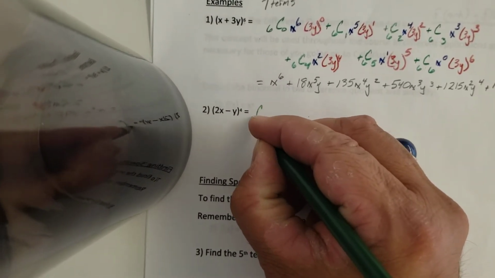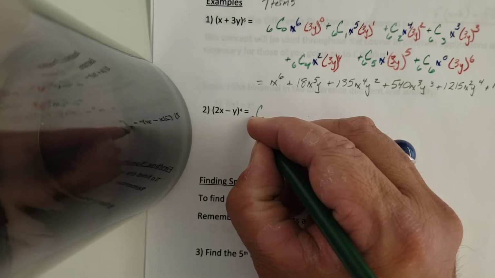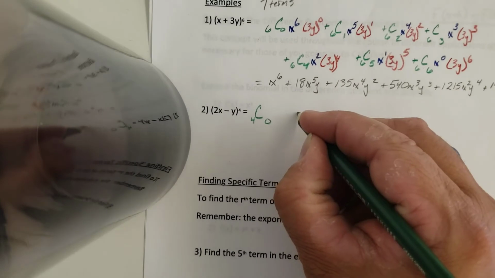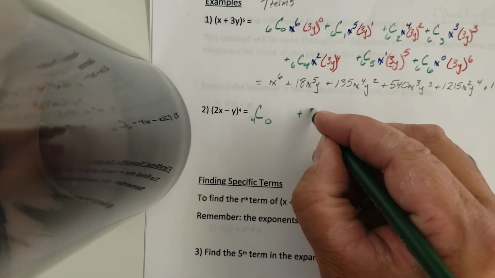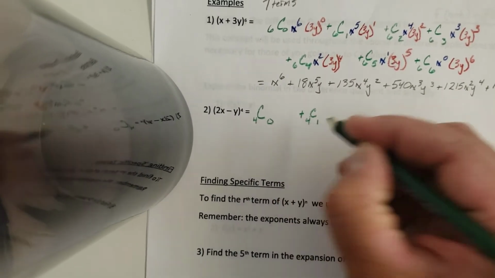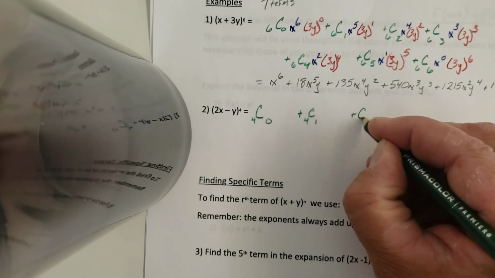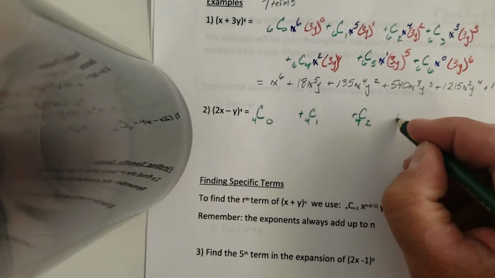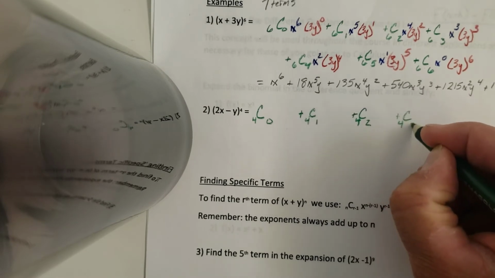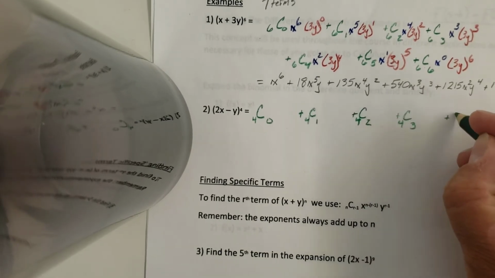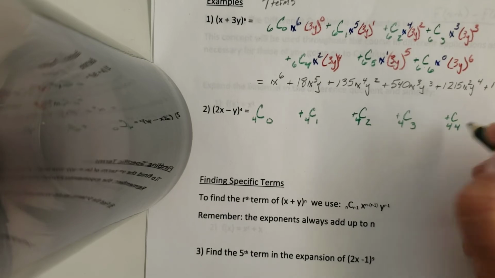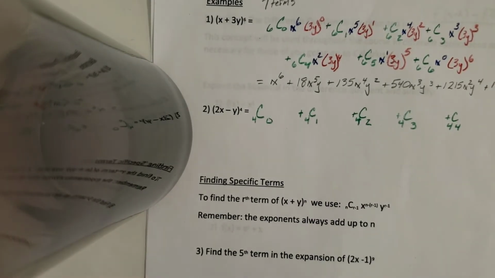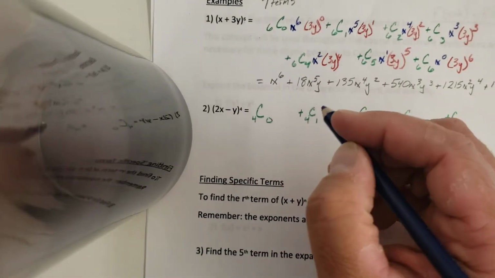The combination of, in this case, 4 things taken 0 at a time, plus combination of 4 things taken 1 at a time, combination of 4 things taken 2 at a time, 4 things taken 3 at a time, 4 things taken 4 at a time. Okay? And then the first term is my 2x.